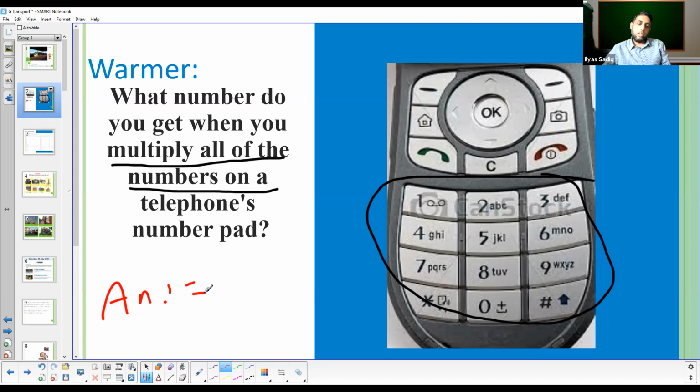Okay. I'm sure you have got the question. What number do you get when you multiply all these telephone pad numbers? Guys, are you there? Yeah, are you there? Have you got the question?